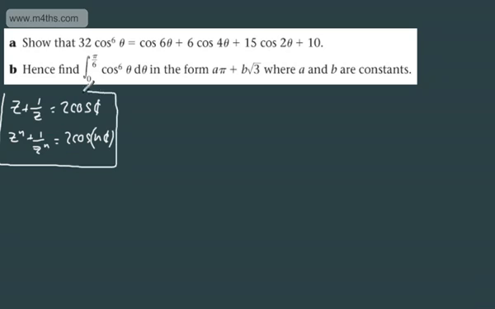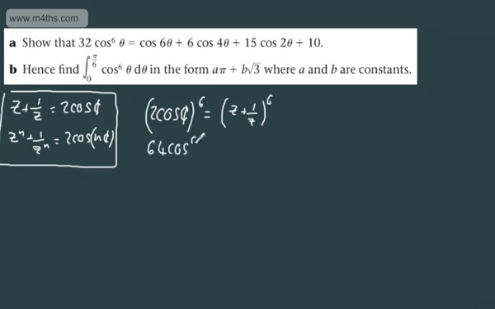First, let's set this up: 2 cos theta all to the power of 6 is going to be equal to z plus 1 over z to the power of 6. So this gives 64 cos to the 6 theta equal to the expansion of z plus 1 over z to the power of 6.